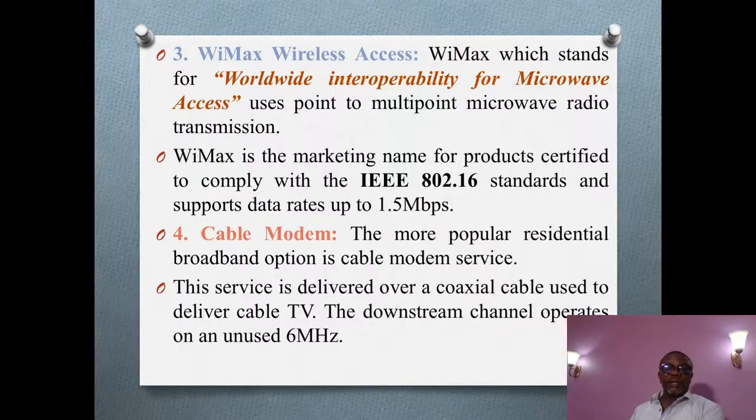The fourth one is the cable modem. The more popular residential broadband option is cable modem service. This service is delivered over a coaxial cable used to deliver cable TV. The downstream channel operates on the unused 6 megahertz band.